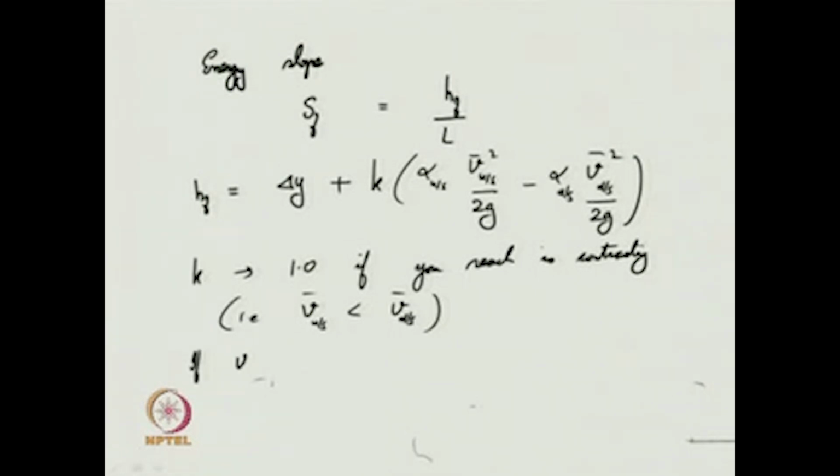If V upstream is greater than V downstream, the channel is expanding, you have to take k equal to 0.5. Many scientists have obtained these experimentally or through analytics, so we will just incorporate them in our analysis here.